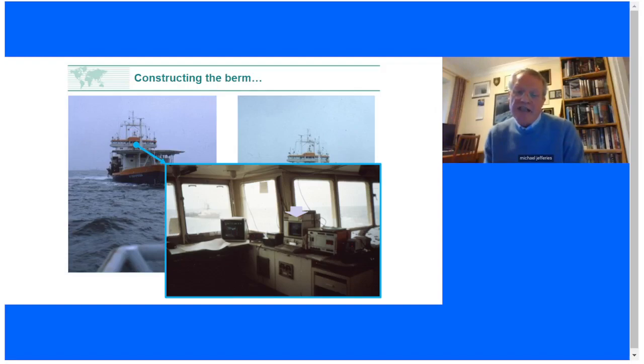Off on the right-hand side, the orange box is a Solidus position fixing system. This is in the days before we had GPS. So what we had to do is build some shore stations so we could give ourselves a 3-point position fix wherever we were in our lease area. And that is what the orange box is doing.